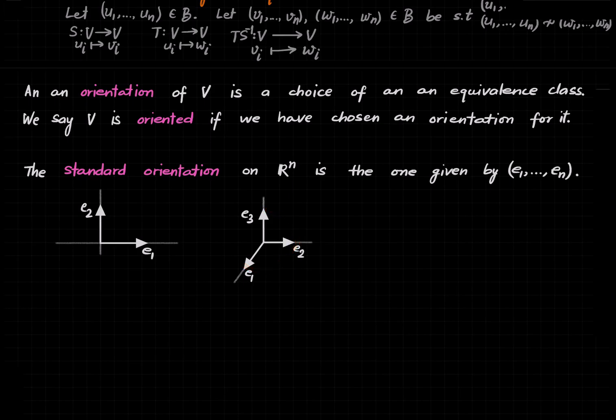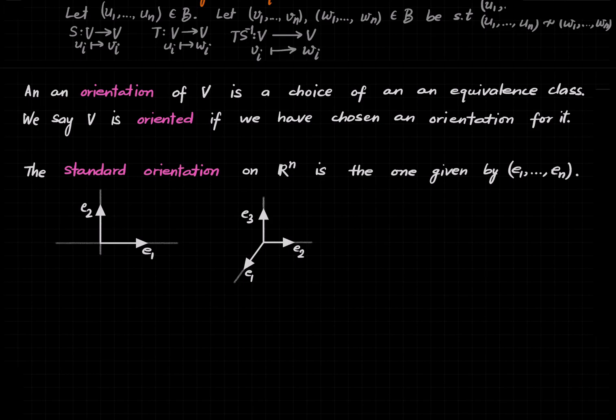This is the standard orientation. If you flip two of them, suppose you talk about E2, E1, E3, what is the orientation of this guy? This is the opposite orientation. This is opposite to the standard orientation. If you flip two things, the determinant will flip its sign, right?